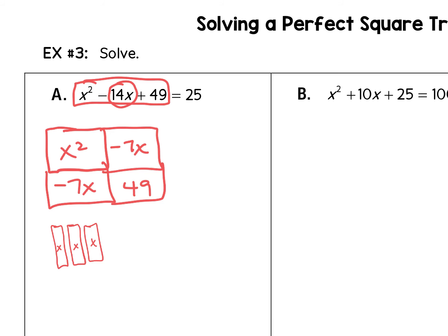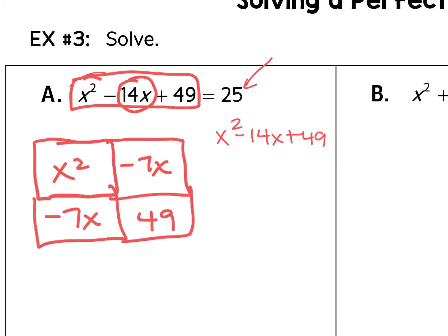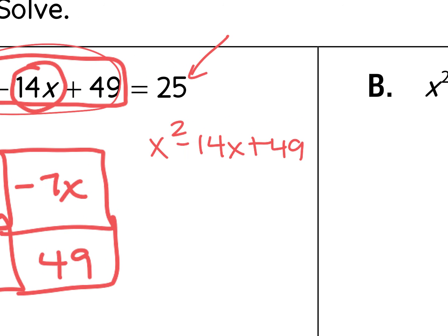So what we're going to do is factor x squared minus 14x plus 49. I'm going to leave the 25 there for right now because I know that this is a perfect square trinomial.